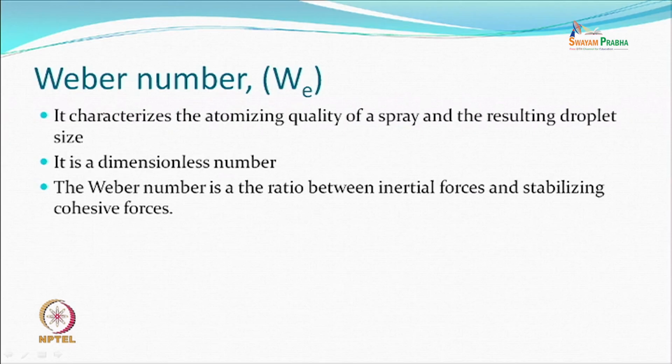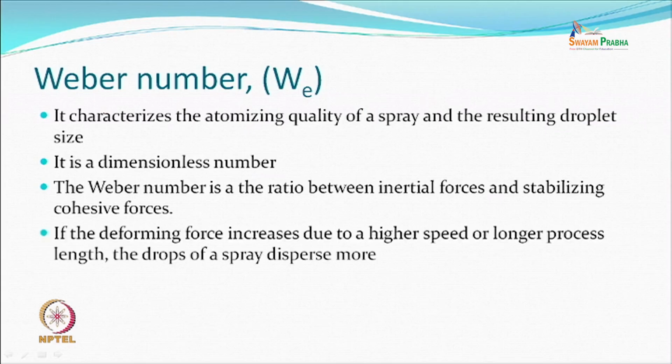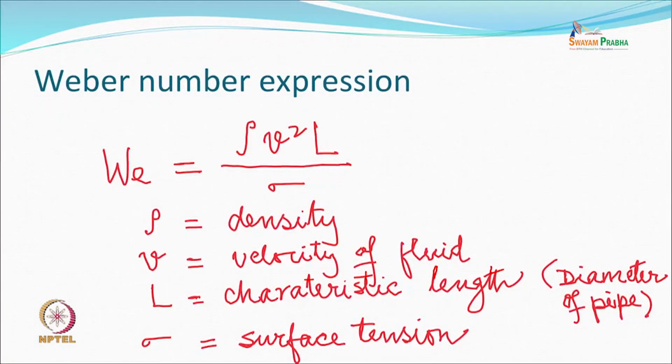If surface tension is high, then it is difficult to separate. Right? If the deforming force increases, that means you have high pressure, high frequency of the actuator, you can get a higher speed, the drops can get dispersed more, the spray will become dispersed, the droplet will disperse as it comes out of the nozzle. So the Weber number expression is something like this, related to the density, the velocity, the dimension, and also the surface tension.